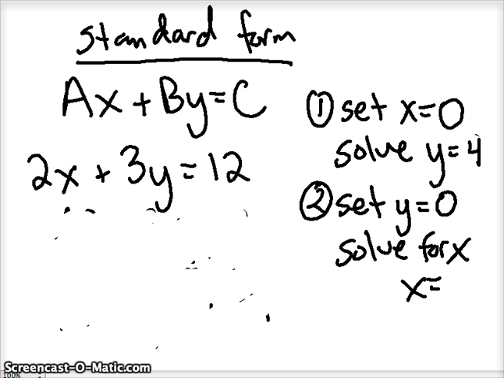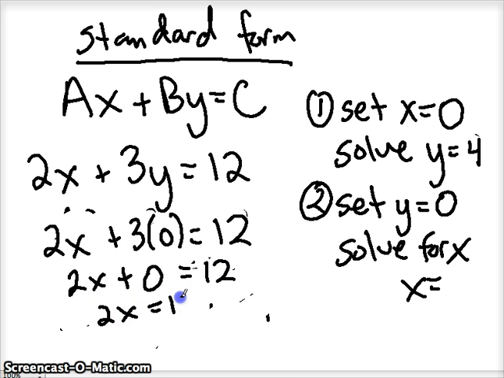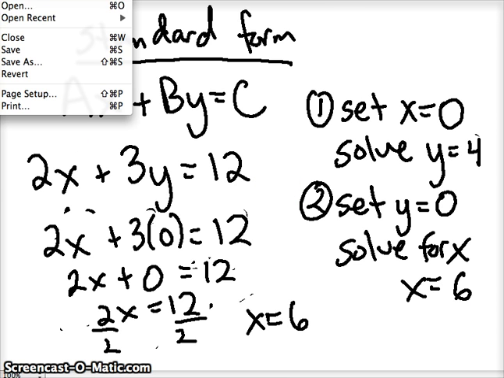So I still have 2x, but now I have 3 times 0 because I substituted 0 instead of y. 3 times 0 is 0, right? Well, that leaves us with 2x equals 12, and so if we divide both sides by 2, then x equals 6.